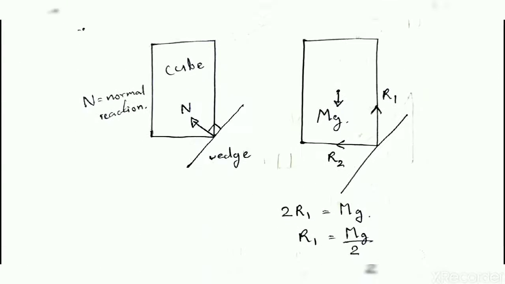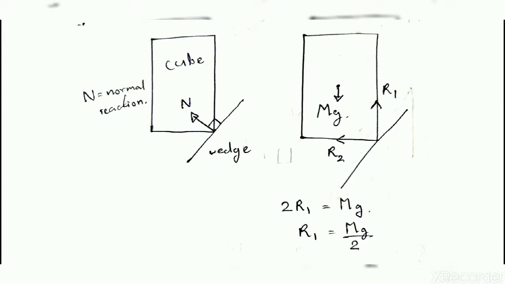If we take the free body diagram of the cube and the right side wedge, the normal reaction between the cube and the wedge is acting towards the cube. This N, the normal reaction, can be divided into two components, one acting along the x-axis and one along the y-axis. That is R1 and R2.